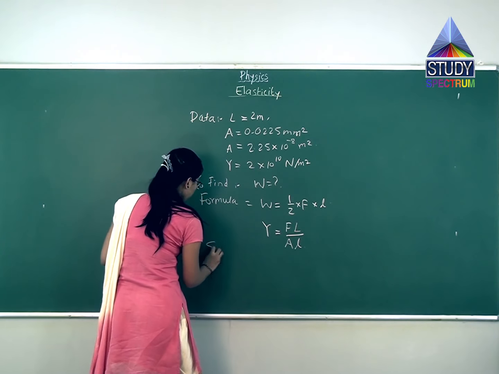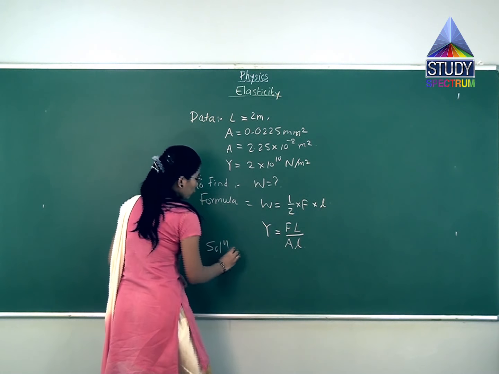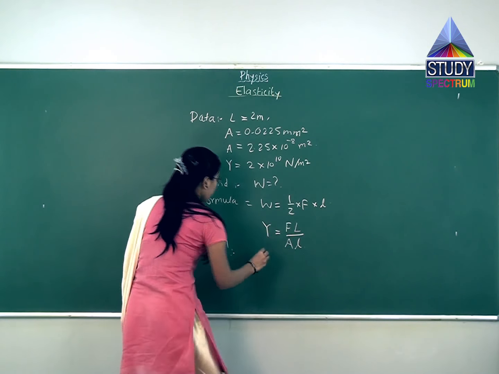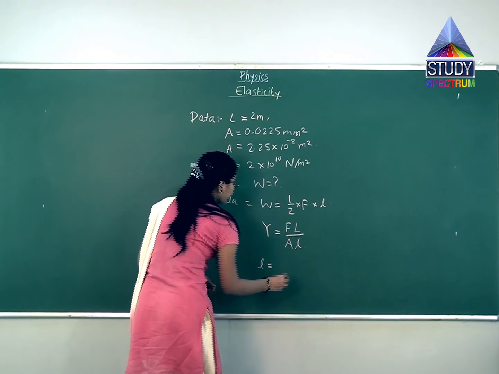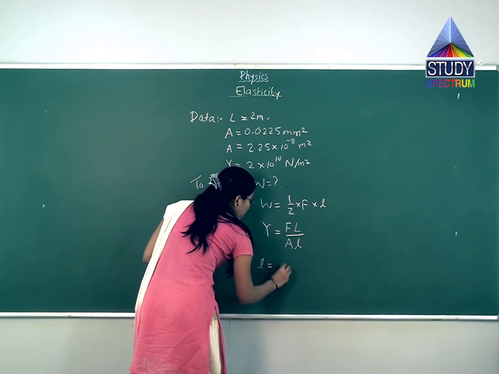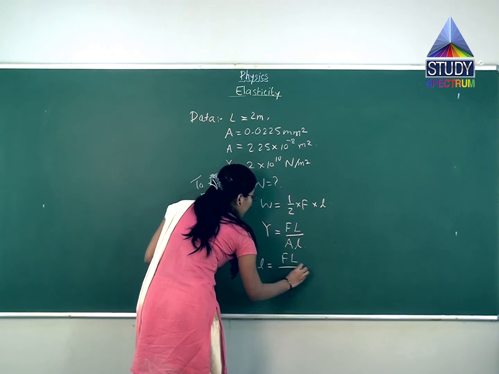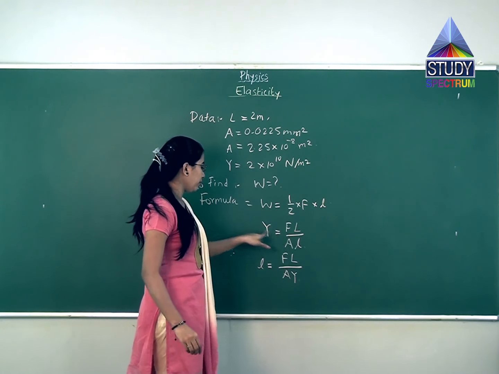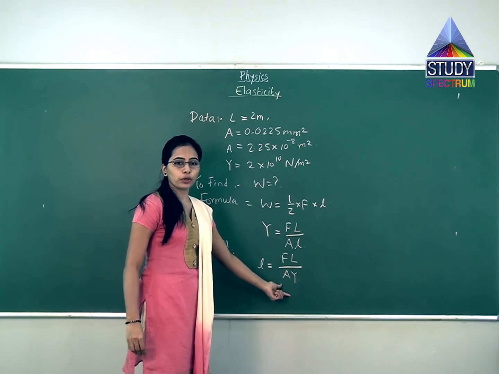So let us start solving. So from this formula I can have the expression for small l. So small l will be FL upon AY. I just shifted small l here and Y here. So this is the formula for small l.